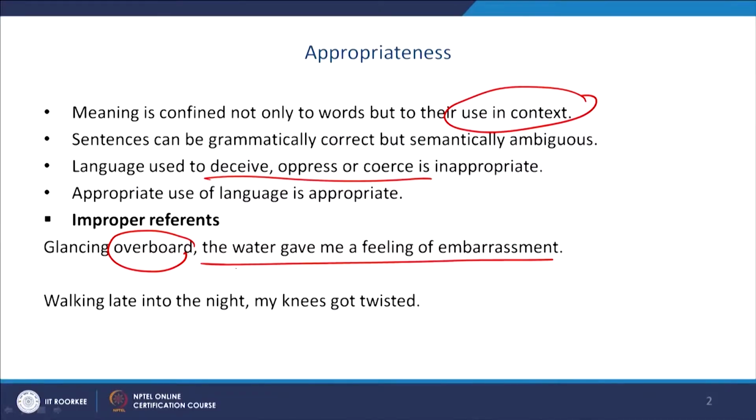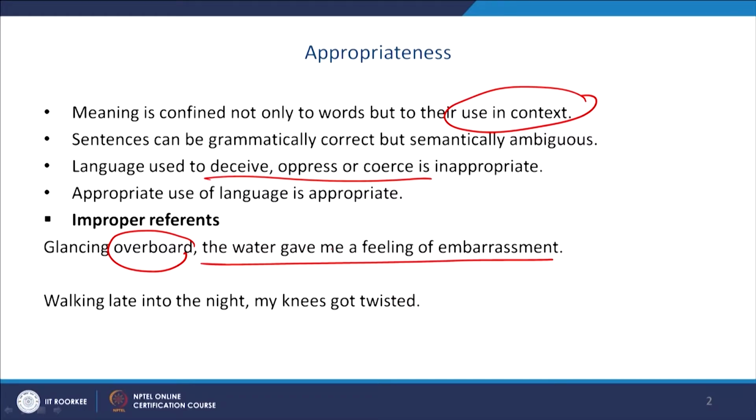Actually, the writer wants to convey that he had a feeling of embarrassment, but this way he has used the sentence, what happens is actually the water becomes the subject and we find the meaning is obscured. Glancing overboard, who glanced? The person or the water? That is why the meaning is obscured here.